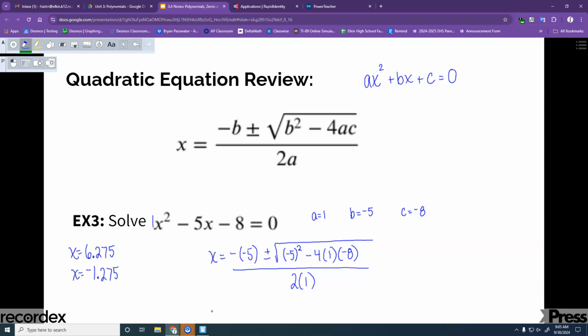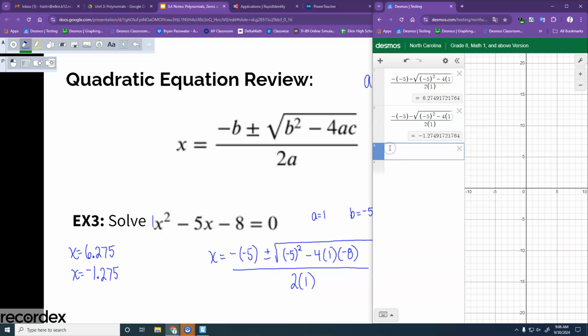However, a lot of times they don't give the decimal answer. So another way you can do this is to only simplify what's under the square root. I've got a -5 here, that's going to become a +5. I will have plus or minus the square root of 5 squared minus 4 times 1 times -8.